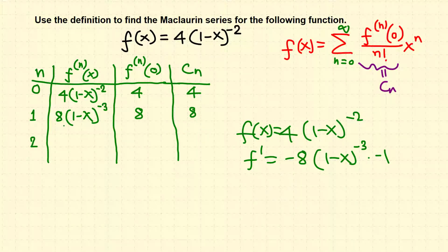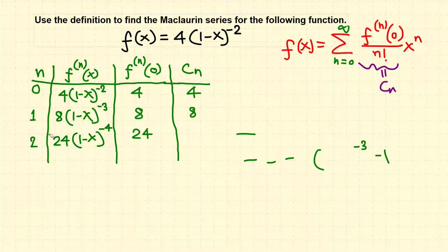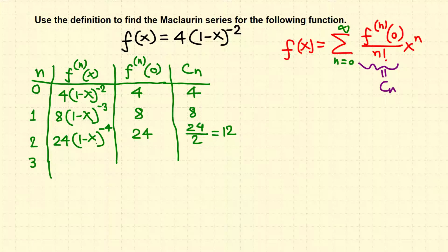Now n equals 2. Take the derivative, and it comes out to be 24(1 minus x) raised to negative 4. Plug in 0, it is just 24. Now c2 means that divided by 2 factorial. So 24 divided by 2 factorial, that's 24 over 2, that's 12. Now 3: take the derivative, so 96(1 minus x) raised to negative 5.